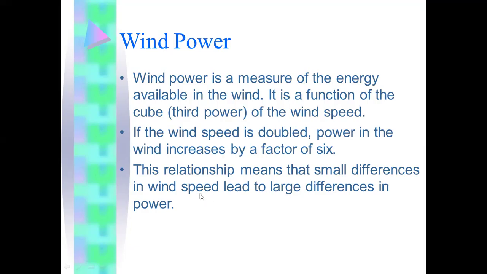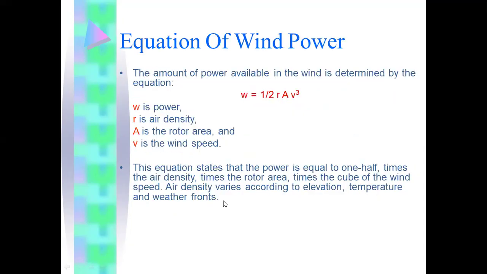Because the wind speed or wind velocity has a power of cube, it has a major role in the power generation. It is the equation of wind power. W is equal to half R A V cubed.